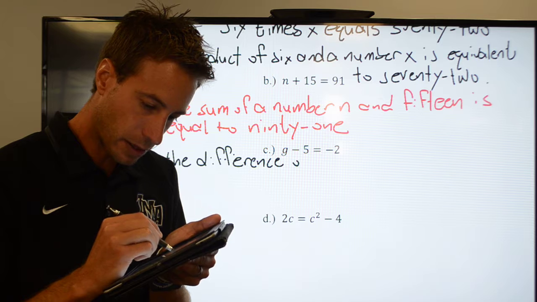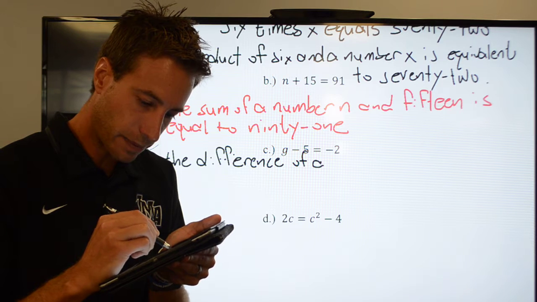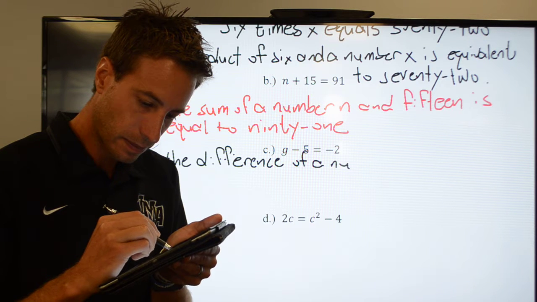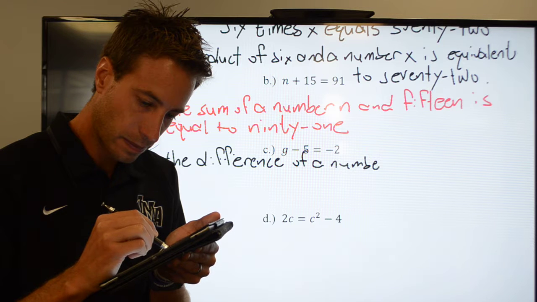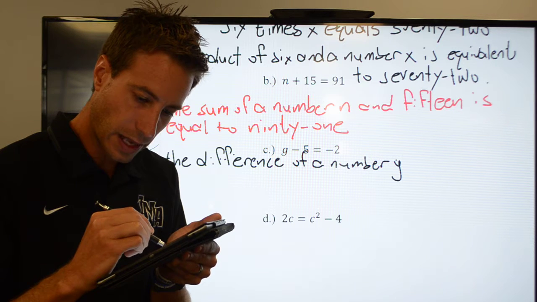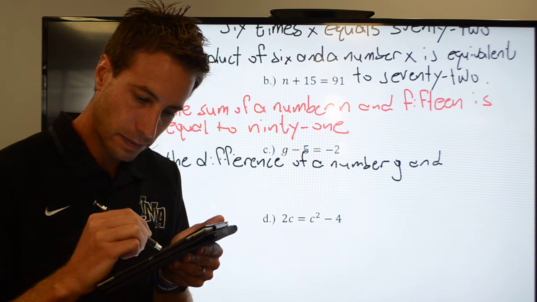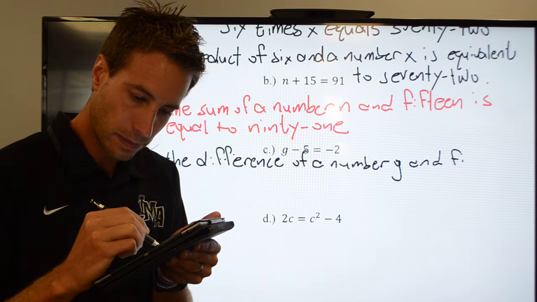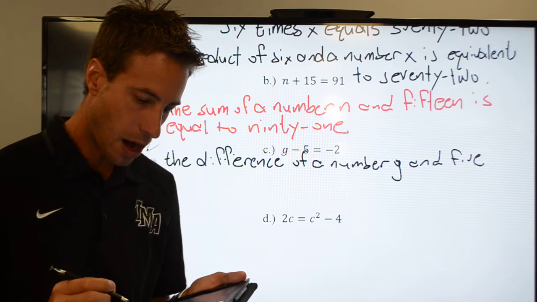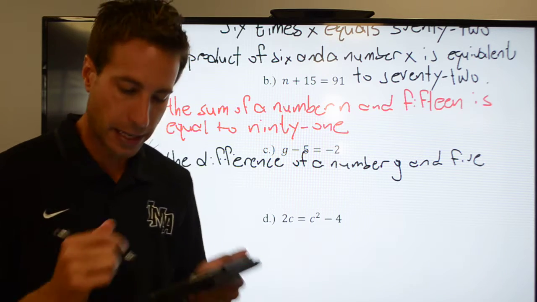The difference of a number g and 5 is equivalent to -2.